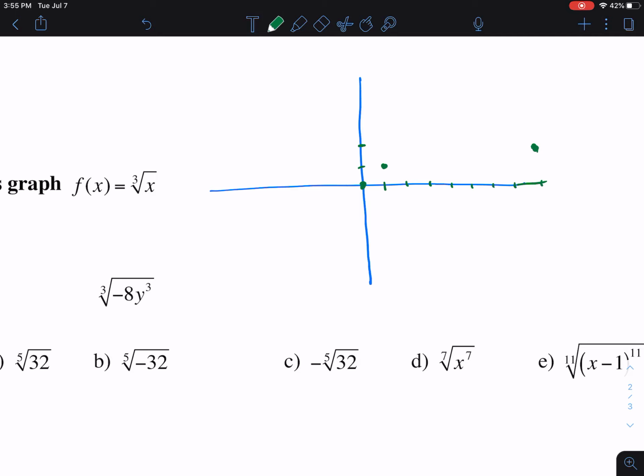And then we can go in the negative direction as well. If we use x equal to negative 1, the cube root of negative 1 is going to be negative 1. And then the next perfect cube is going to be negative 8, and then negative 2. So here's the graph of the cube root of x.